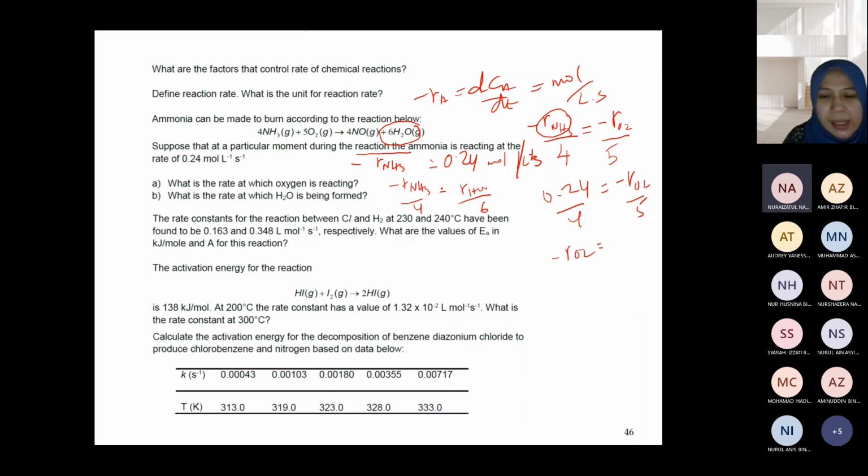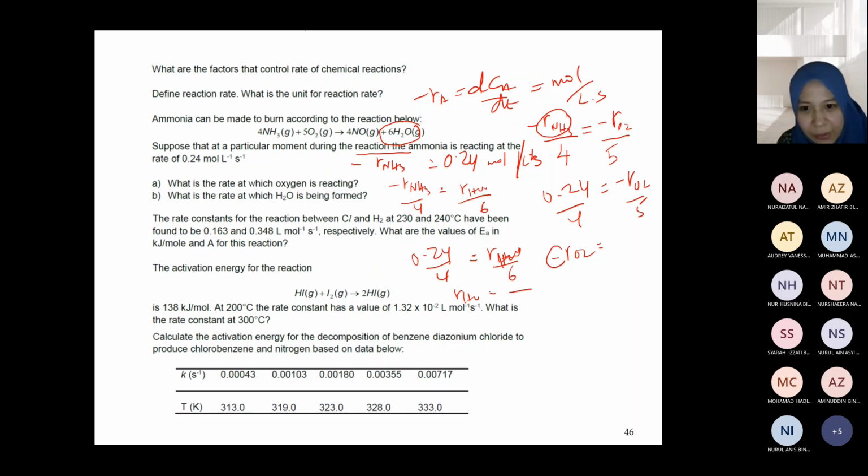Okay, so automatically the negative R NH3 is equal to 0.24 over with the 4, is equal to R H2O over 6. So this one, dia akan automatically dapat R H2O, answer dia berapa, okay? So this one remain negative, this one is positive. Okay, this is how you answer the question. Ya Allah, saya tak buat numbering rupanya kat sini.